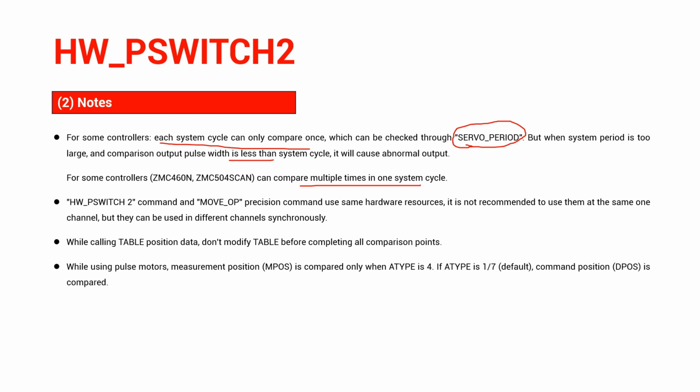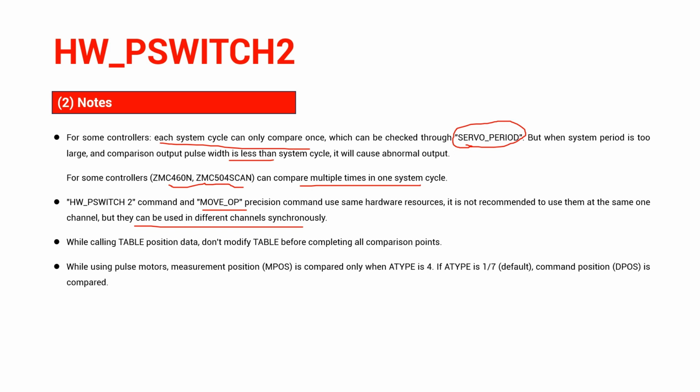Number 2, when we use precision output function, MOVE OP, in program, it is better to use them synchronously in different channels, except some high-performance controllers such as the ZMC460, ZMC548 series, etc. Number 3.